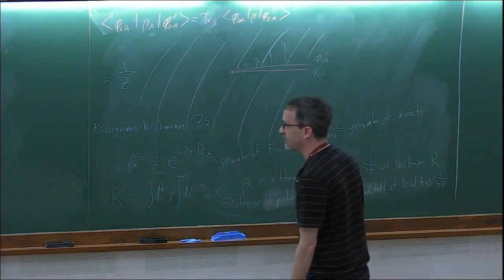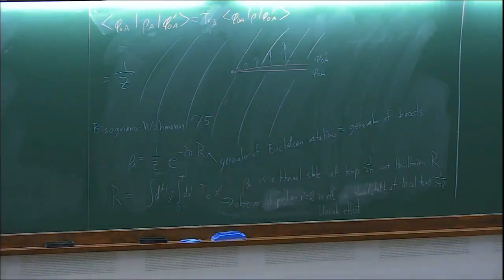So in particular, the fields near the horizon over here are very hot, okay? So the observer, if the observer is near the horizon, then she feels very high temperature, okay?